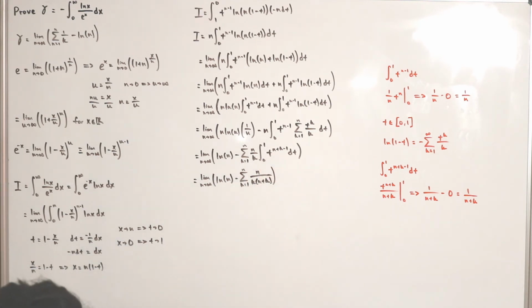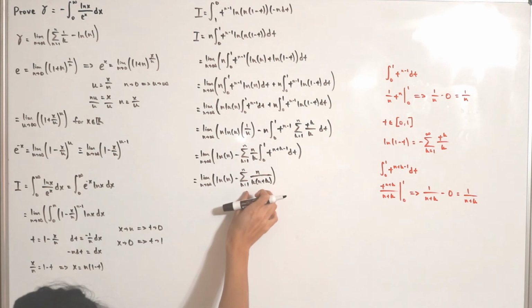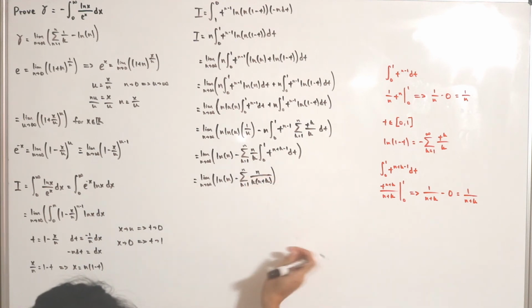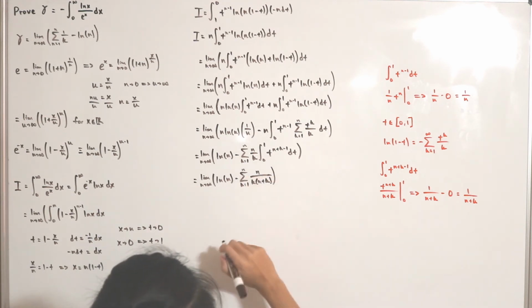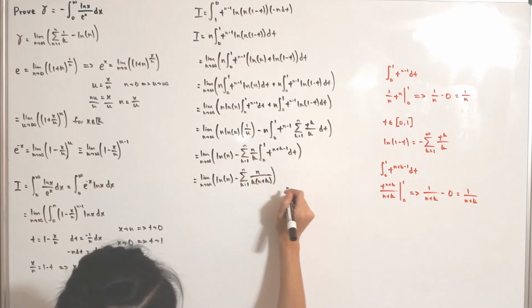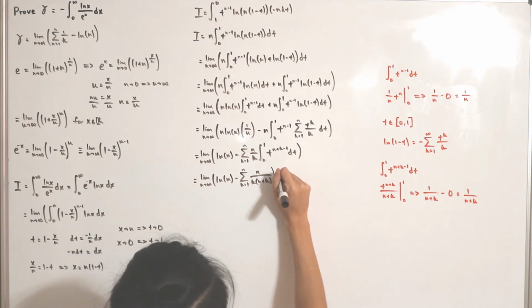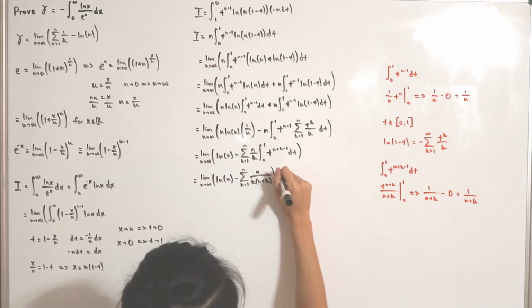Okay. And now the next thing I want to do is evaluate this series here. So what I'm going to do is add and subtract k. I think I've got room to put this. Yeah, okay.